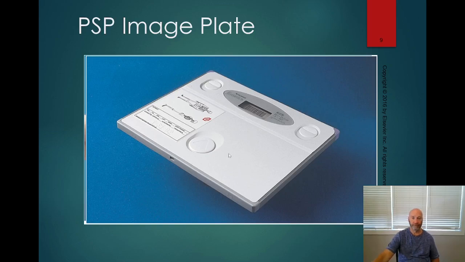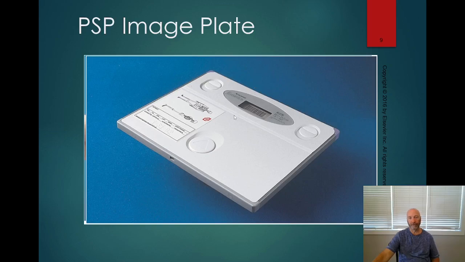So screen film cassettes looked a lot like this, and it was a lot cheaper to go with CR before you went with DR. Once a hospital went with DR, then the image receptors were hardwired into the computer system. I'm not going to say they can't be removed. They can, but it was much more of a commitment than whenever they went with CR first.